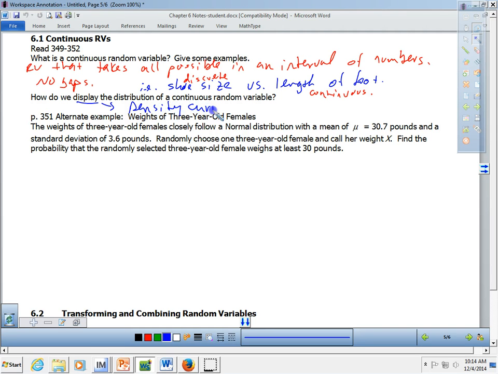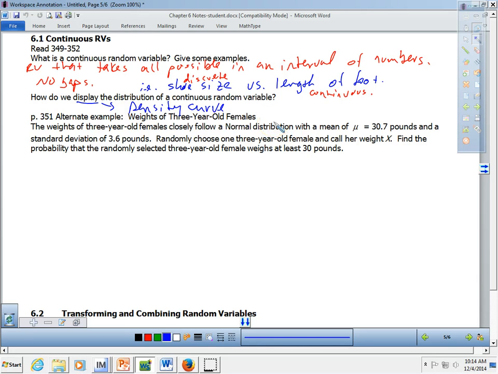Remember that a density curve is a smooth curve, and it's supposed to represent the tops of the bars of a histogram. And as I was just talking about, those histogram bars get thinner and thinner because we're introducing more and more possible values for your continuous random variable. Then the tops of those bars will fit this curve. Okay? So density curve.